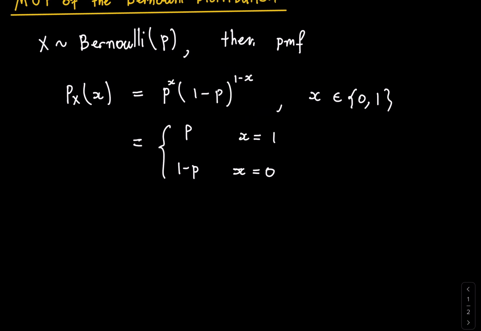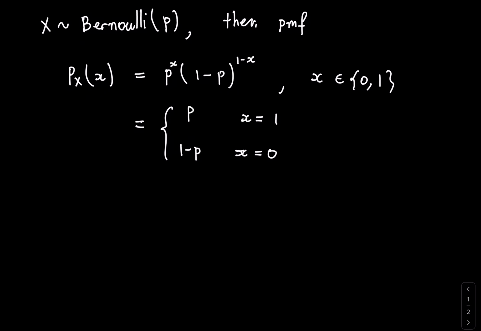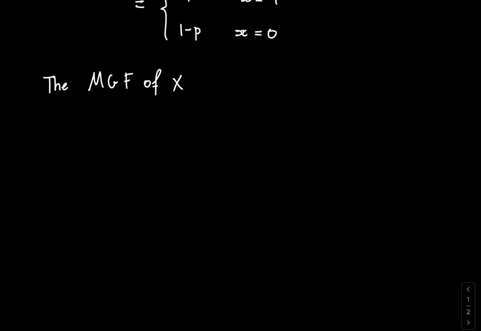So, the moment generating function, or the MGF of x, if we recall the definition, we usually write it as M_x of t, and by definition this is equal to the expected value of e to the tx.